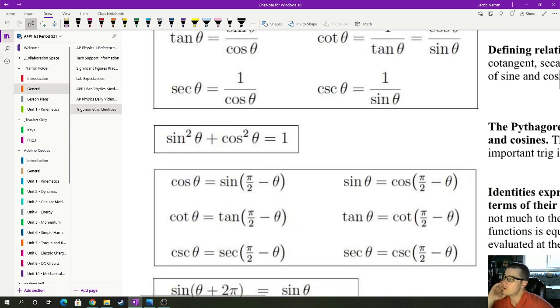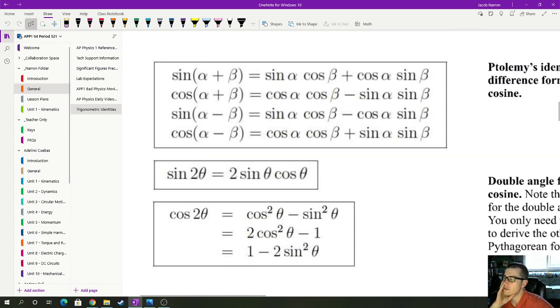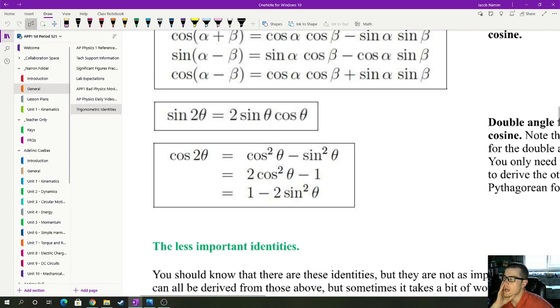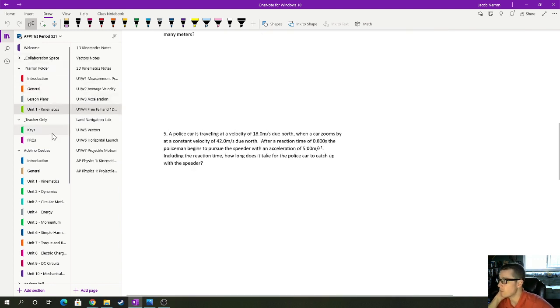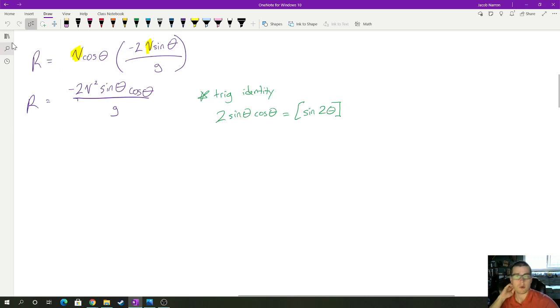So that's kind of helpful. That one right there I've used before: sine squared theta plus cosine squared theta equals 1. But if we look down here, that's the one that I'm applying right now. As you can tell, I don't have them memorized, but it is something that we need to solve this problem. So let me rewrite and you can see where we're at.